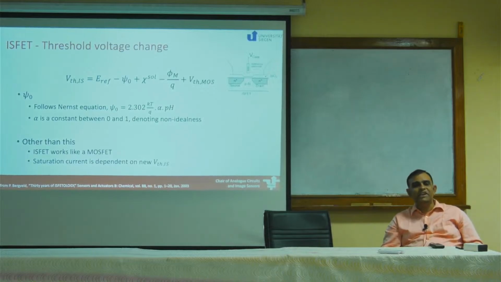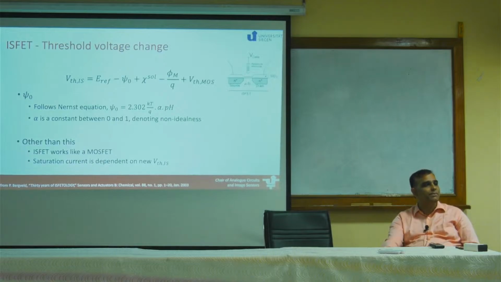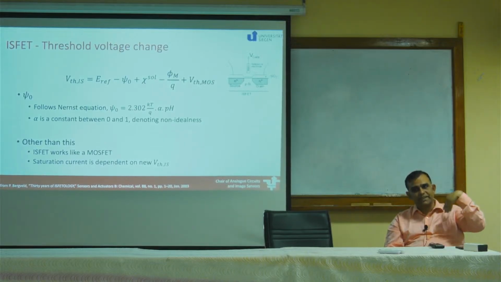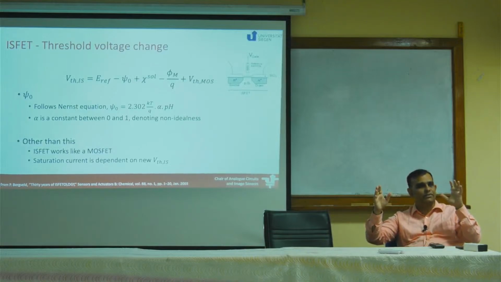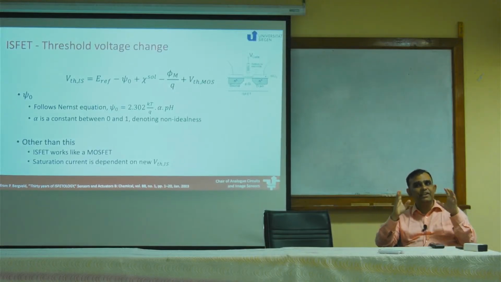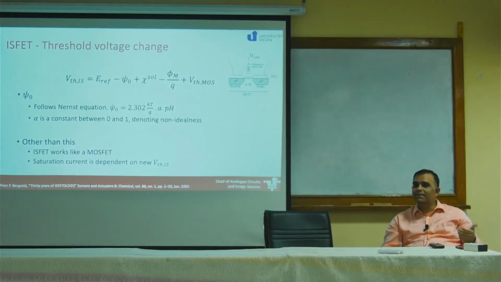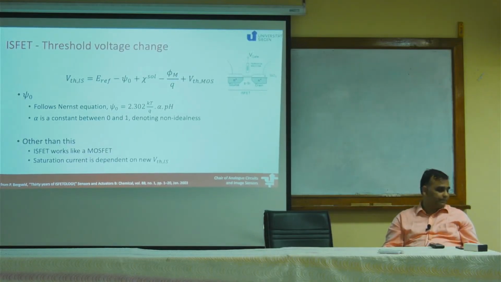The only thing which happens here is the threshold voltage of the device changes based on the pH of the liquid in which it is. Now, we know in a MOSFET the drain current is dependent on the threshold voltage. The drain current of a MOSFET is beta divided by 2 times (VGS minus VT) squared. So, if something is changing VT, my drain current will change, and then that becomes a very simple sensor for me to measure.